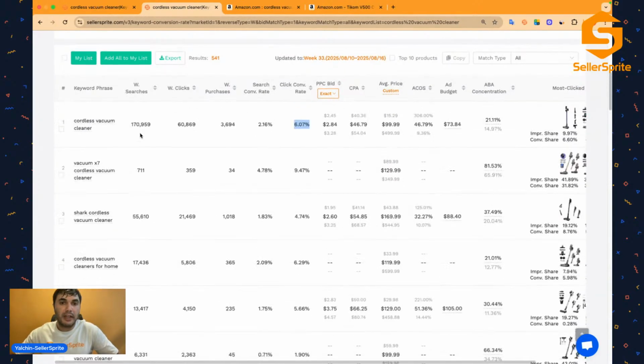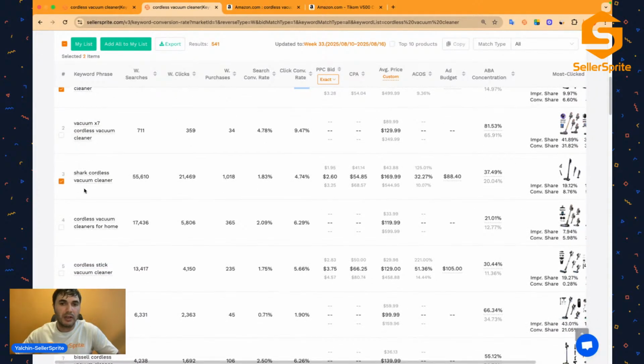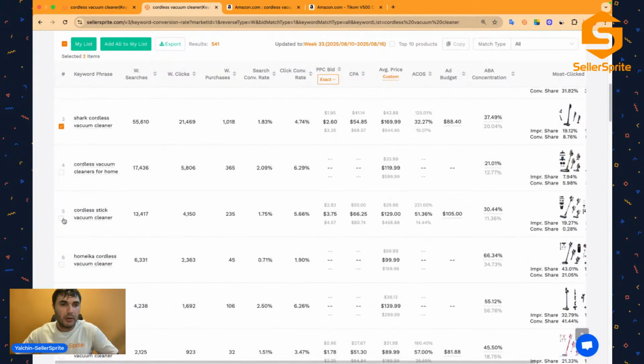If you find any of them are important, like this one, or Shark cordless vacuum cleaner, this one, or this one, then you can create a keyword list for your listing. Then ultimately you check, maybe previously you used for your listing, or if there is any keywords you missed, you didn't use on your listing, maybe you can add those keywords into your listing.